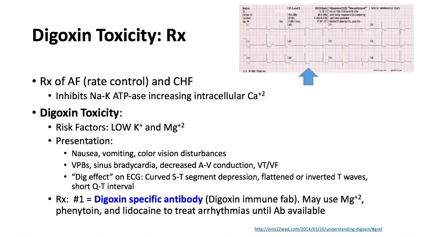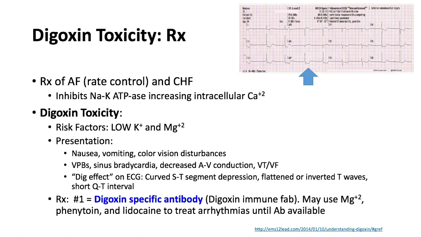Why is dig used in patients anymore? Well, it's still occasionally used to treat atrial fibrillation to control the ventricular rate, slow the AV nodal conduction, and occasionally in patients with heart failure, although it's not a great inotrope. Dig inhibits the sodium-potassium ATPase and increases intracellular calcium in myocardial muscle.